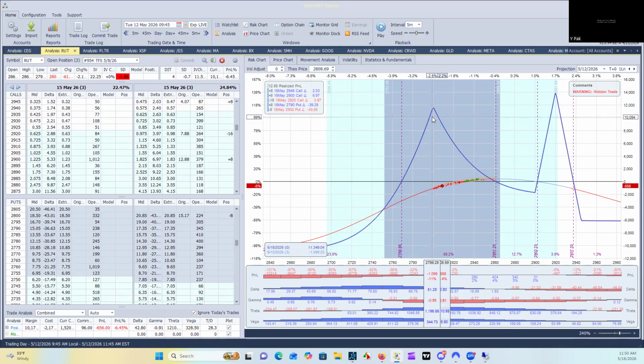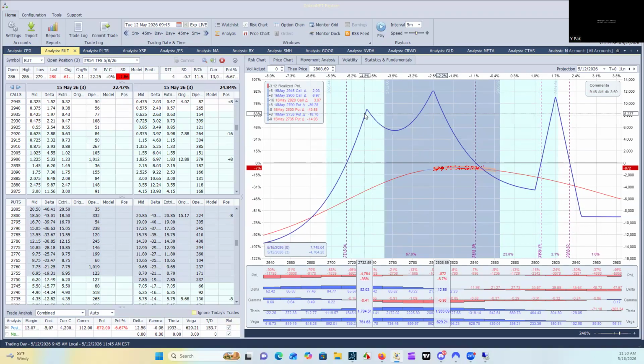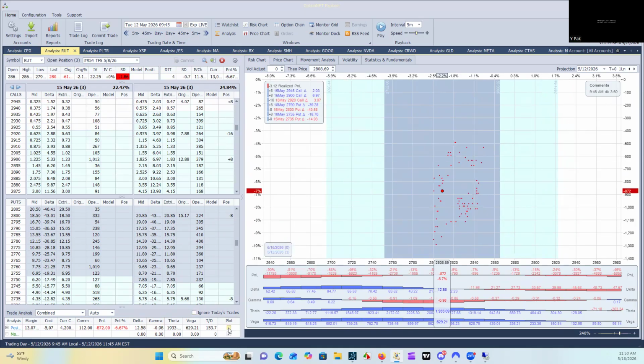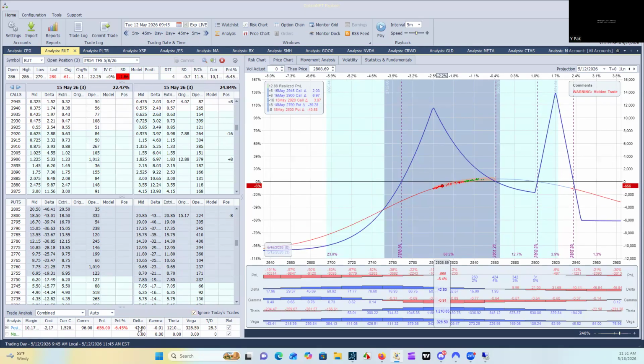When it hits this short put price of 2800, then that triggers an adjustment. The adjustment that I made was adding a calendar here that lifts up this tent and gives us more room to the downside. It flattens out our delta because I think the delta was 42 positive. So that's pretty large delta.